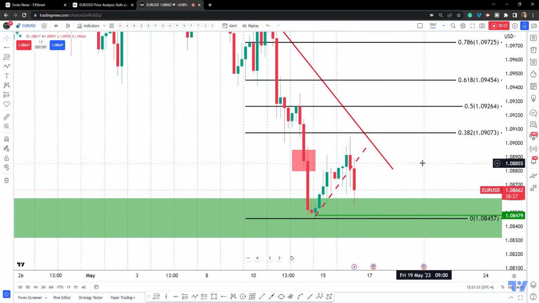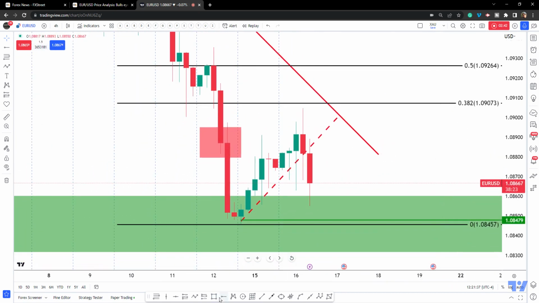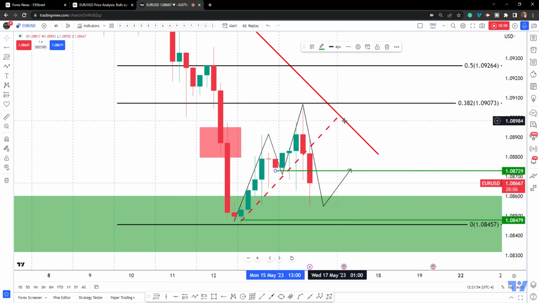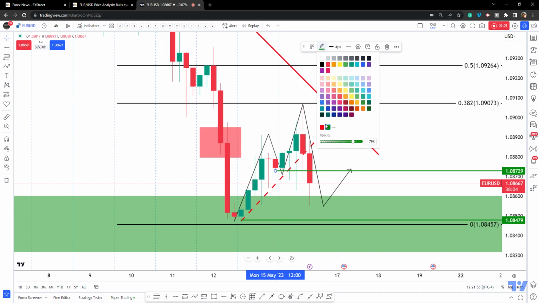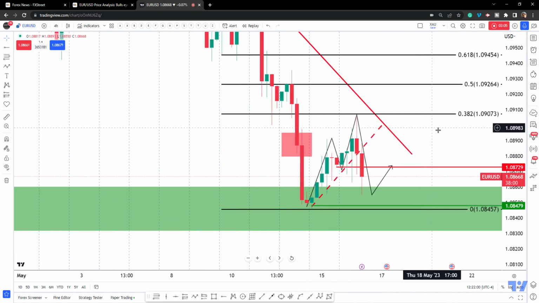On the other hand, we have this reversion pattern on the 4-hour chart that could see the price move back in for a retest of this neckline of the pattern thereabouts as resistance, which may or may not hold.